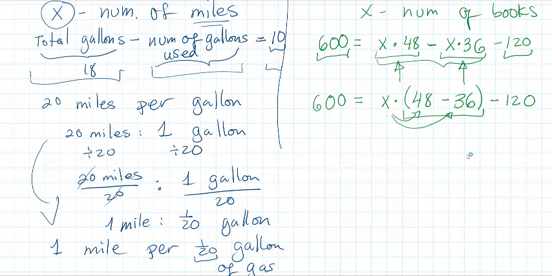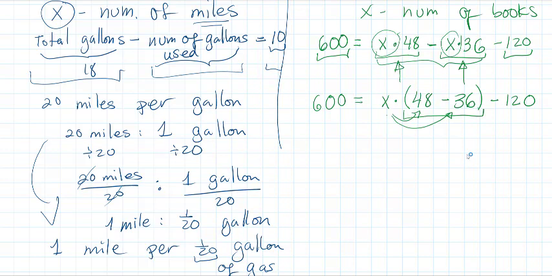Because x is the same, right? This x that multiplies 48 and the x that multiplies 36 is the same x. We don't know what this number is, but we do know that it is the same number. We will order and sell the same number of books. So we can take this x and put it outside of the parentheses using the distributive property.